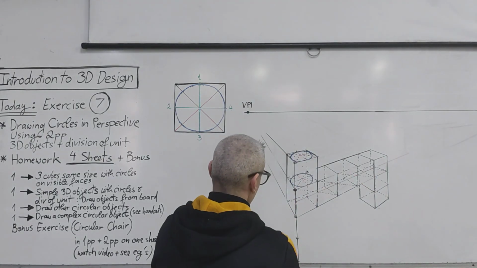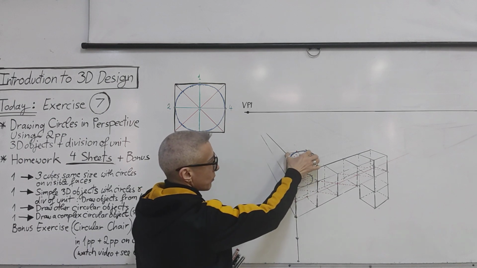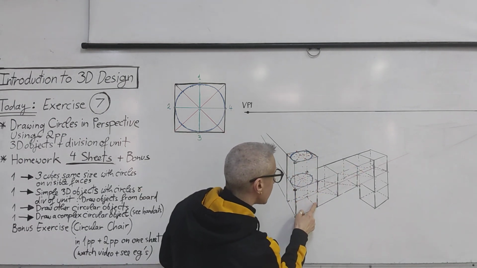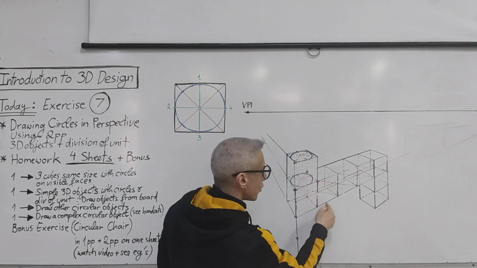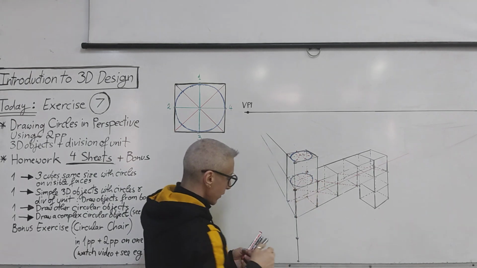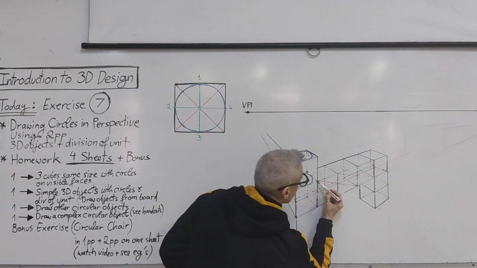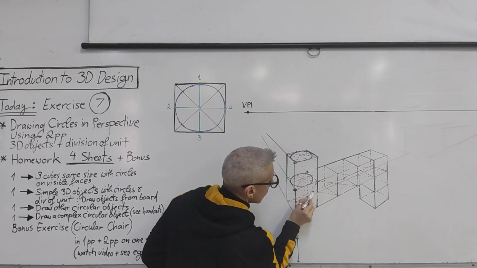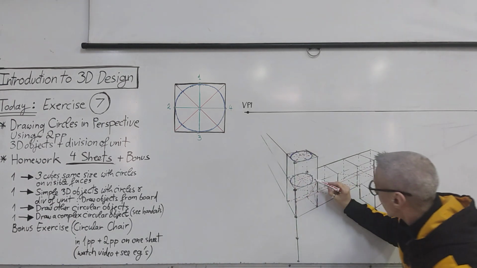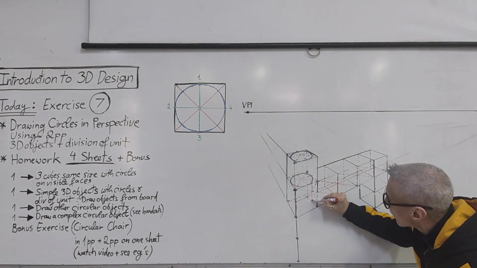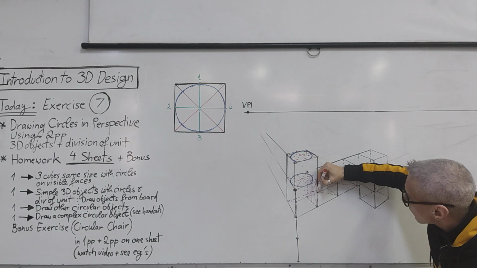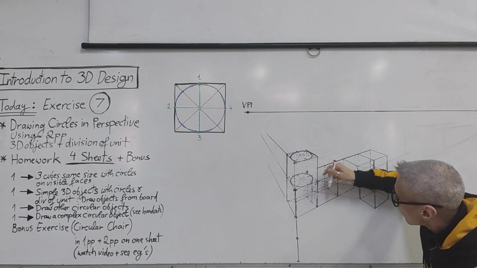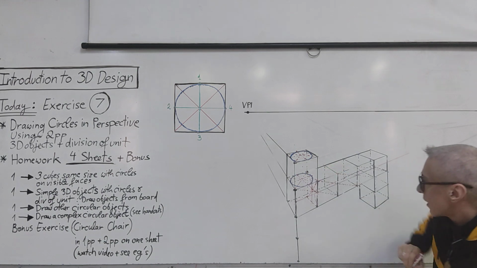Now, we need to draw another face. Now, this will be like a pipe going like this, then turning, going that way. So I need this face here of this cube, and I will draw a circle inside. Diagonal, diagonal. This line straight down, parallel to this. This line going through the center, going to the vanishing point.